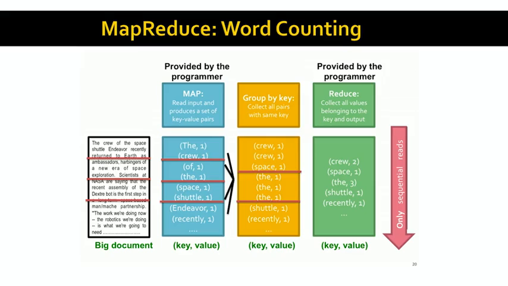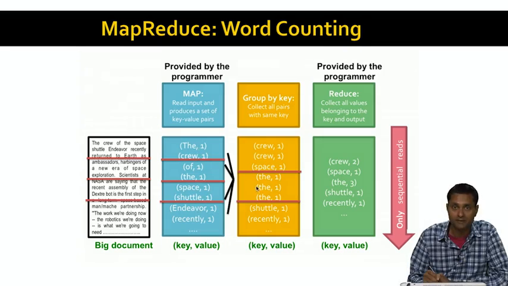So if you use 3 reduce nodes, then the MapReduce system is smart enough to split the output of the map into three reduce nodes, and it makes sure that for any given key, regardless of which map node it starts out from, it always ends up at the same reduce node.